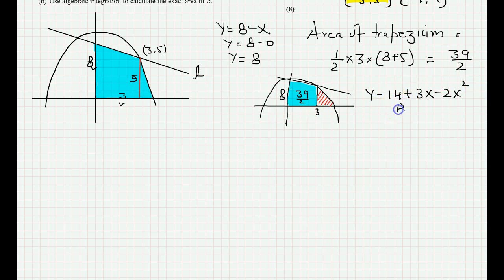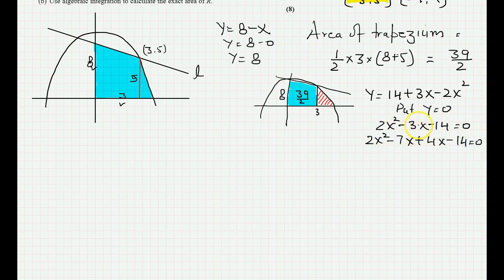So if we put y as 0, our equation will become 2x square minus 3x minus 14 is equal to 0. So if we solve it, it will be 2x square, 14 times 2 is 28 and 7 times 4, so minus 7x plus 4x minus 14 is equal to 0.